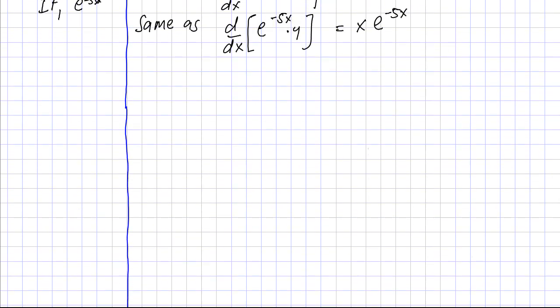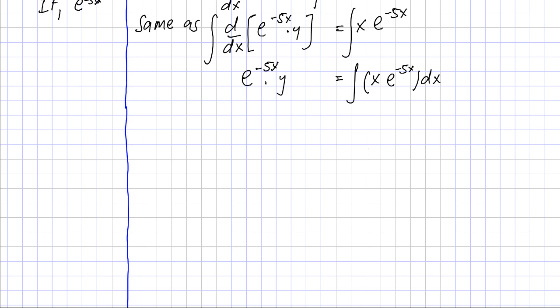So now if we integrate both sides, on the left hand side we're going to be left with e to the minus 5x multiplied by y. Then this part here is going to be integrated with respect to x.